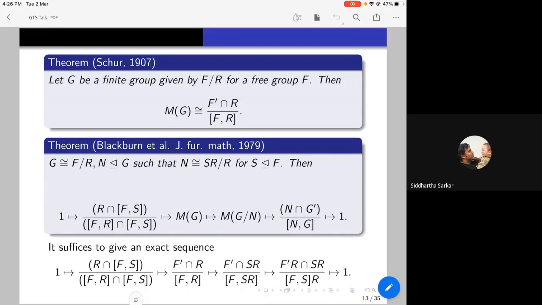Let's see one of the sequences proved by Blackburn and Evans, which has been very helpful, at least in my investigations.